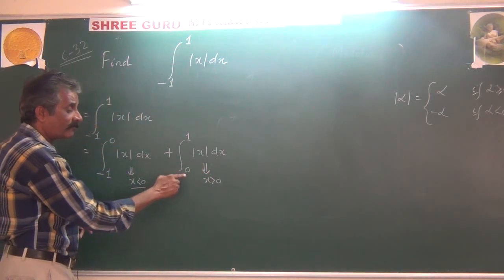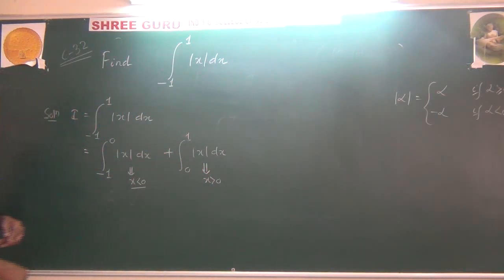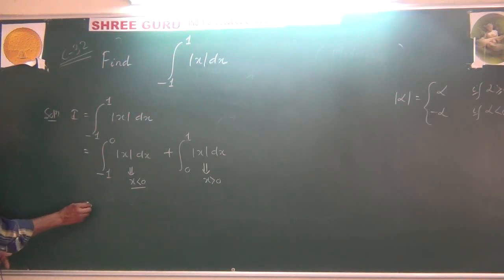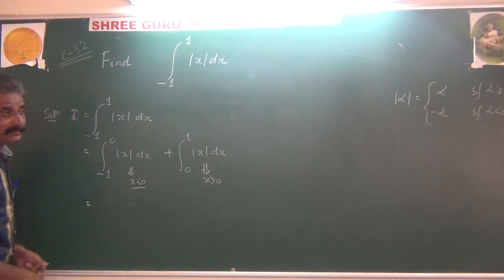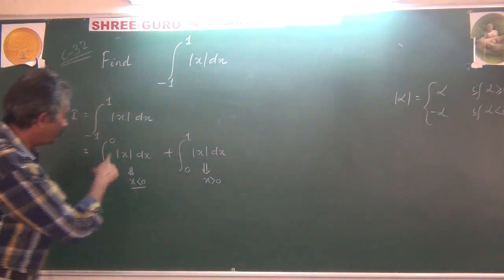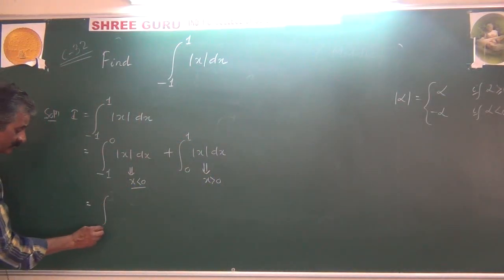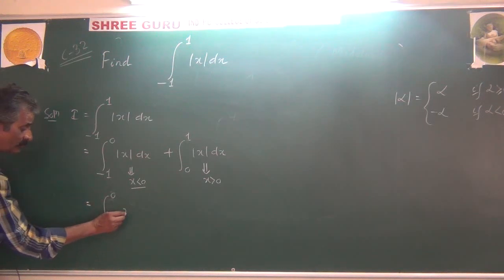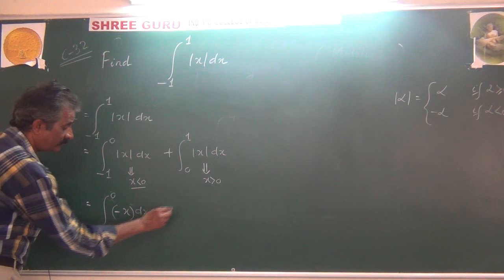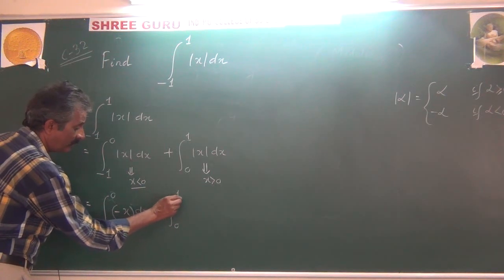Because here numbers start from 0 up to 1, but here numbers start from minus 1 to 0. This includes negative values, this includes positive values. We are using the definition of modulus, mod alpha equals minus alpha. Now mod x equals how much? Minus x. Integration minus 1 to 0 minus x dx plus integration 0 to 1 x dx.